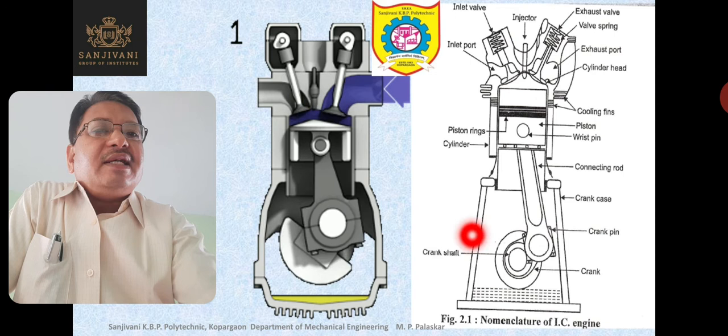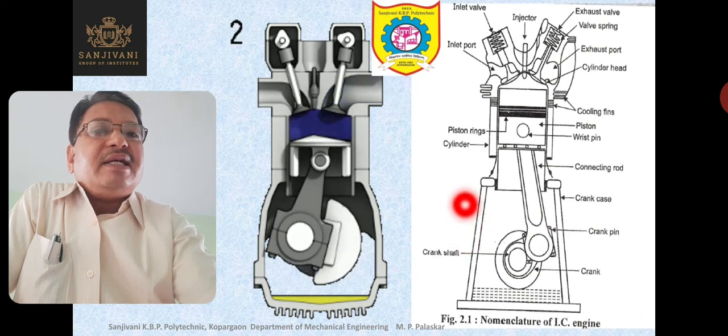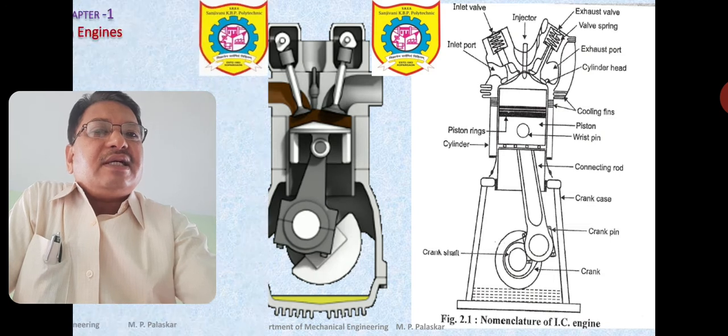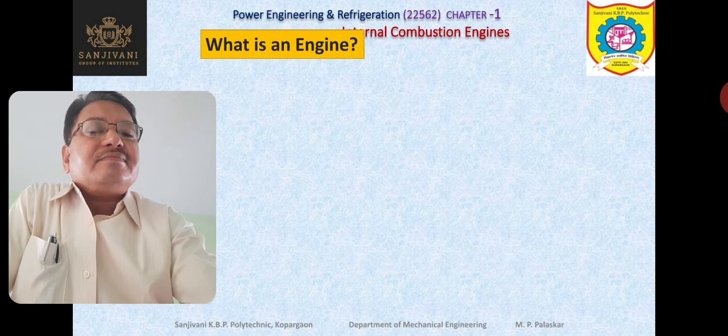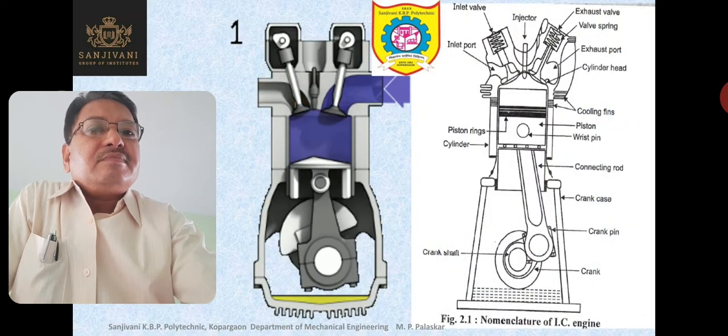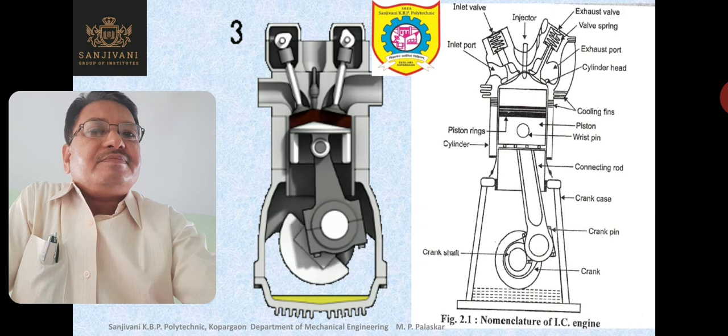Now a similar turning pair is there between the connecting rod and the crank. So here you can see the crank. This is nothing but the crank.